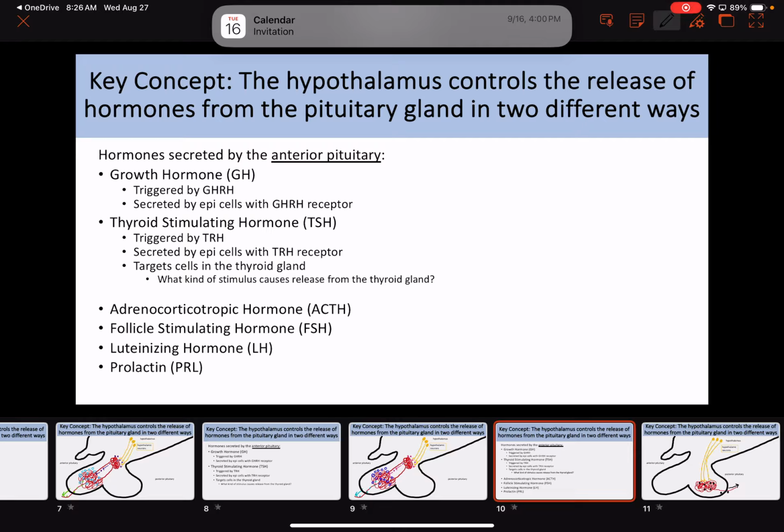And then prolactin. But I do want to explain a couple of things here first, just so you know the basic functions of these hormones. So make sure you know ACTH triggers the release of cortisol.